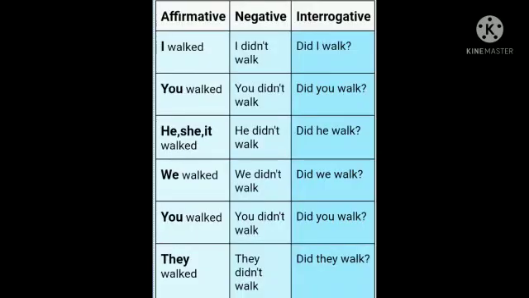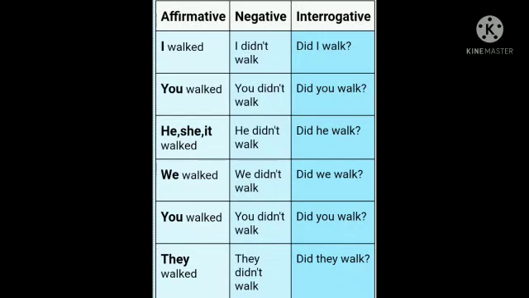Again, look over the examples of the same sentences. The affirmative sentence, I worked, then the negative of this affirmative sentence will be I didn't work, and the interrogative will be did I work.